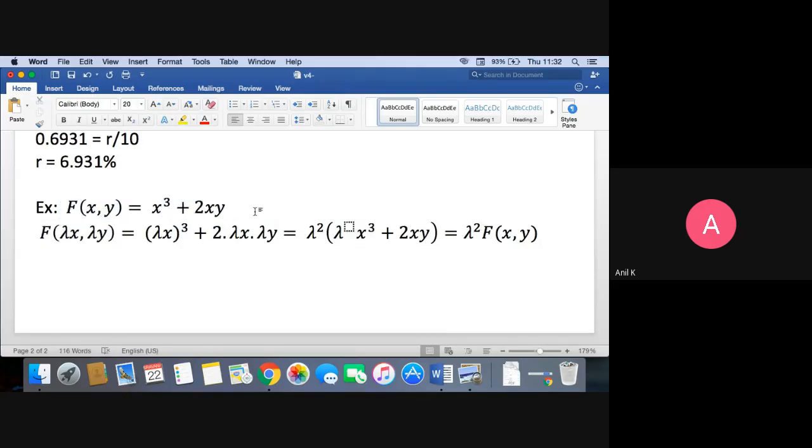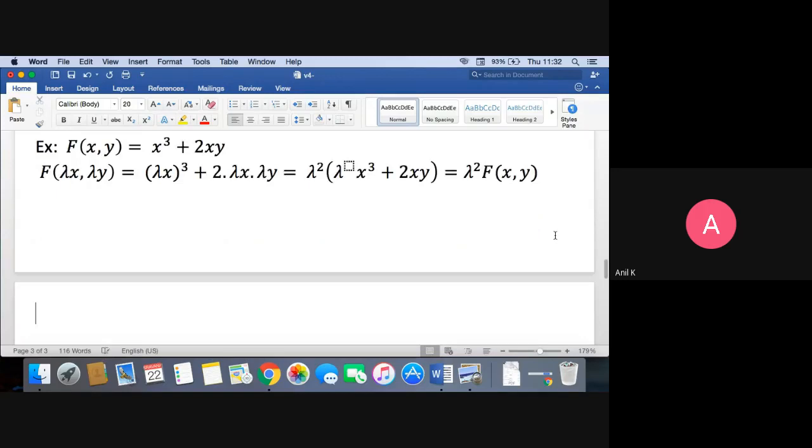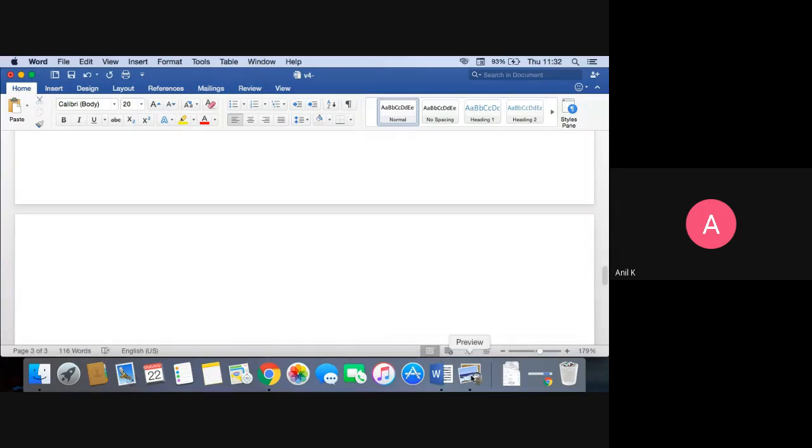We call that function non-homogeneous. If it is coming as lambda to the power of n, n can be any number, into f of x y, then I can say it is a homogeneous function. Hope the difference between homogeneous and non-homogeneous functions is clear.